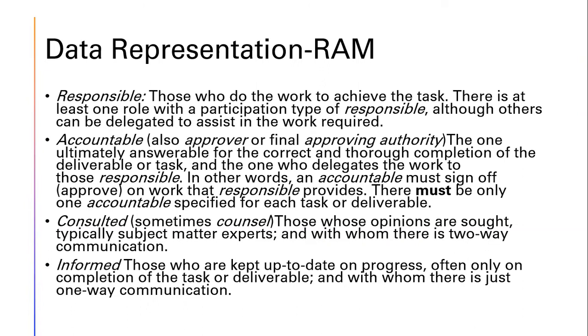The responsibility assignment matrix has 4 properties. Number 1, if you assign an activity or task to your team member, obviously he will be responsible, but he may not be accountable. Accountable will be his or her line manager or the project manager directly. Consulted are those whose opinion is sought, typically subject matter experts, with whom there is two-way communication.